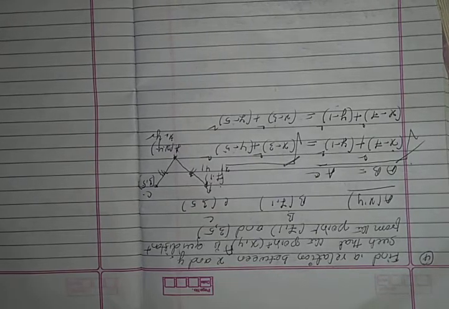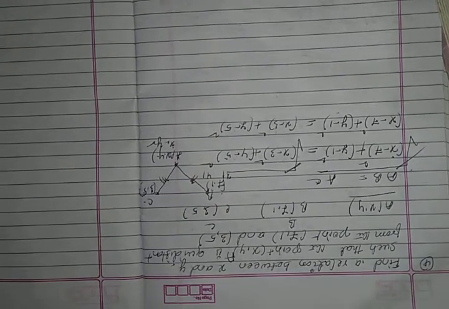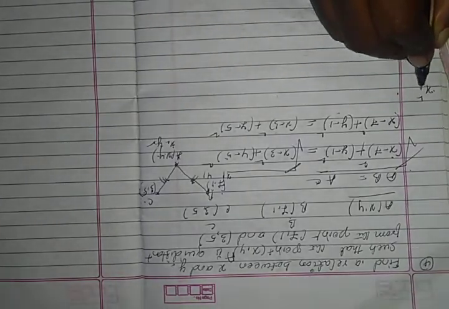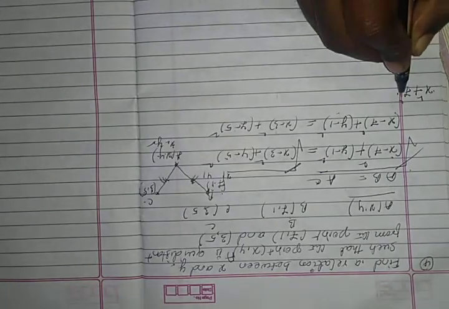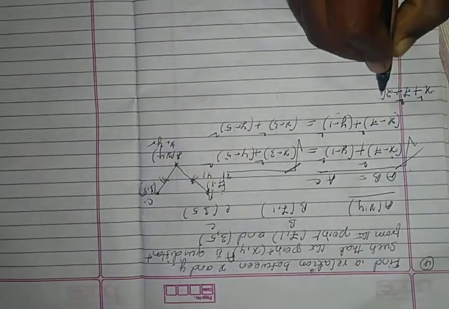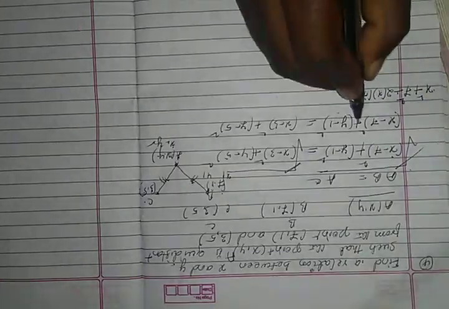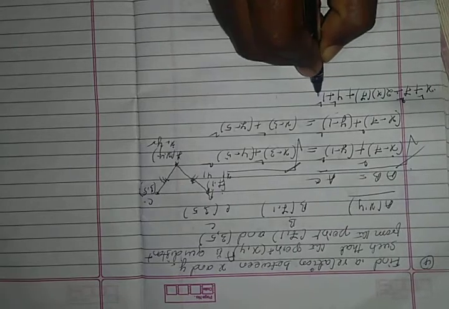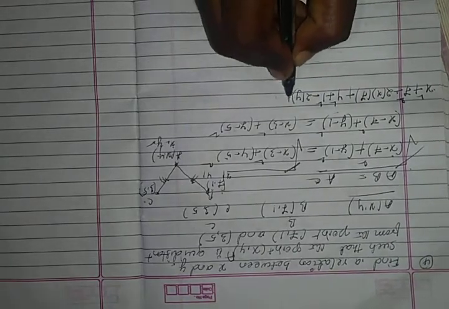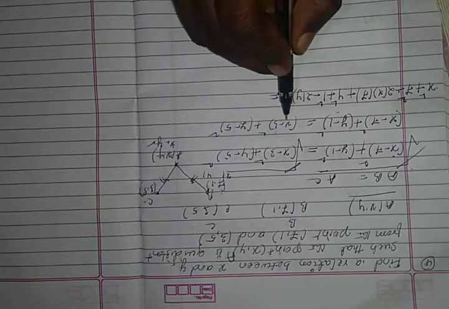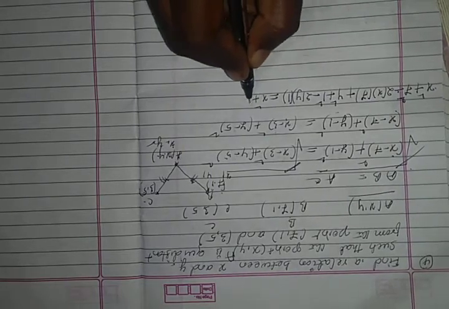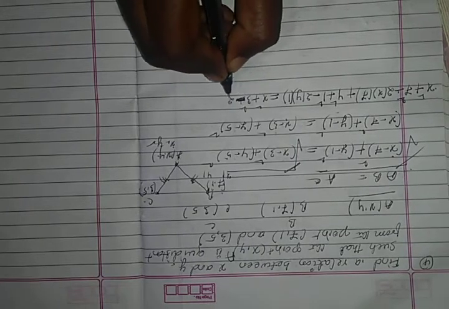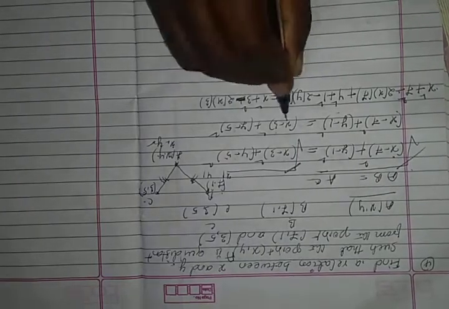Already you know that a minus b whole square is equal to a square minus 2ab plus b square.